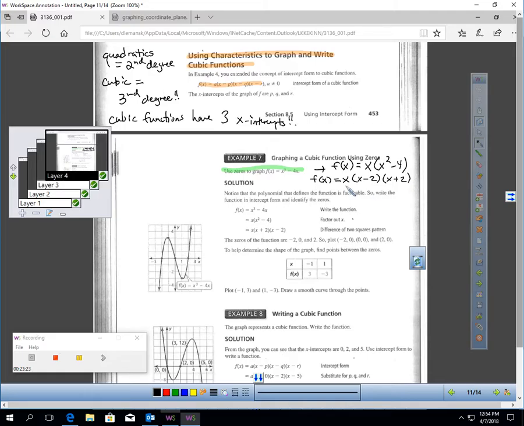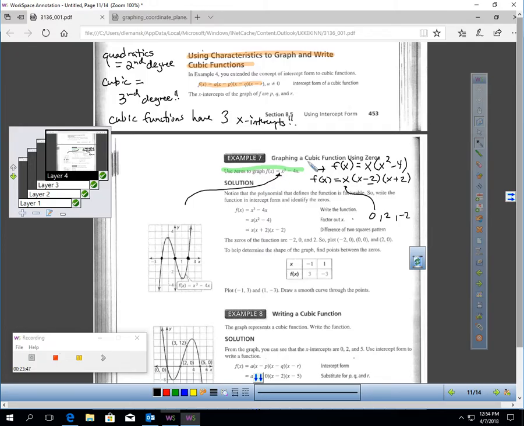So my zeros of the function: this could equal 0, this could be 2, and this would be negative 2. Those are my zeros. So I'm going to graph those. Negative 2, 0, and 2. So negative 2 for x, 0 for x, 2 for x. Now here's the next thing. The lead coefficient is positive.